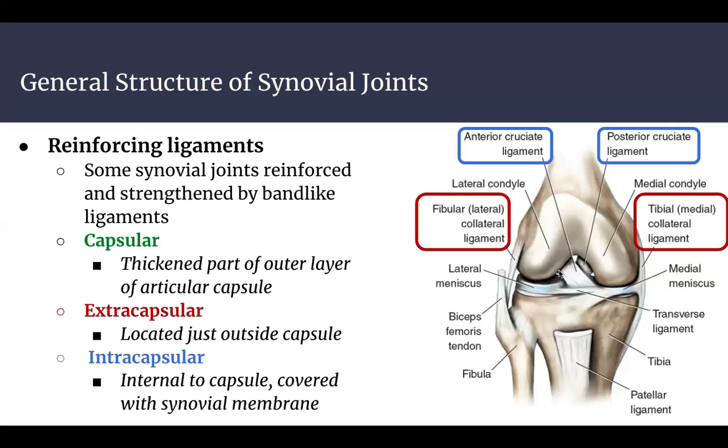So they're not just sitting there as a dense connective tissue. There's also this loose, specialized connective tissue forming the synovial membrane that's wrapping around these, as well as around the outer edges of the joint capsule here. So there's our three types of reinforcing ligaments.